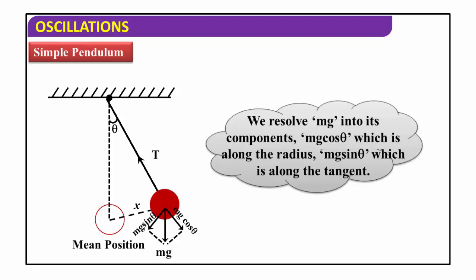The component mg cos theta is balanced by the tension in the string, and the unbalanced component, mg sin theta, always acts towards the mean position. It is called the restoring force, which tends to bring the bob back to the mean position.